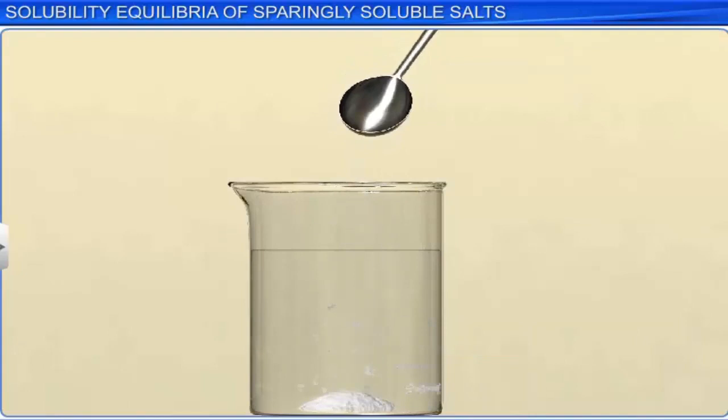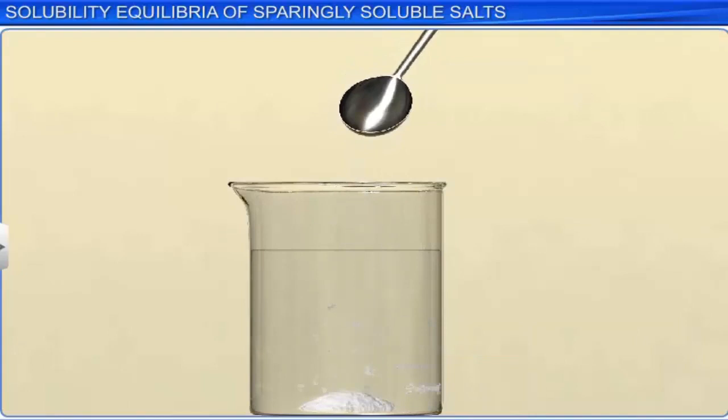This is equal to 1.34 multiplied by 10 to the power of minus 5 moles per liter. Thus, the solubility of silver chloride in 1 liter of solution is equal to 1.34 multiplied by 10 to the power of minus 5 moles.